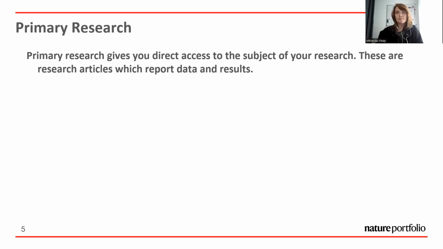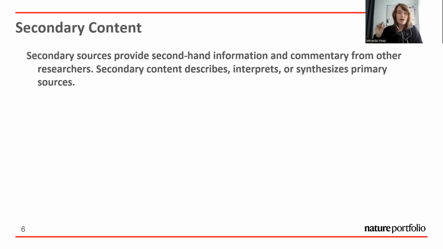By contrast, secondary content are writings or pieces about research. It's not reporting the research, it is talking about the research. These can be things like interpretations, commentaries, a lot of your news articles or popular science news articles, and things like Phys.org, etc. are secondary science.